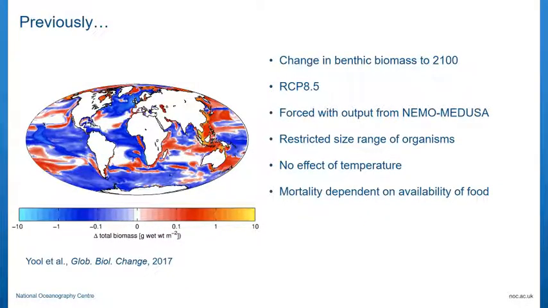Andrew Yool, who'll be talking after this on a different topic, has already done some work using NEMO-MEDUSA, not the UK Earth System Model configured, to look at how the total biomass, that's the total weight of these benthic organisms, changes out to 2100. He forced that using RCP 8.5, and this is showing you the change in the total biomass over that period.